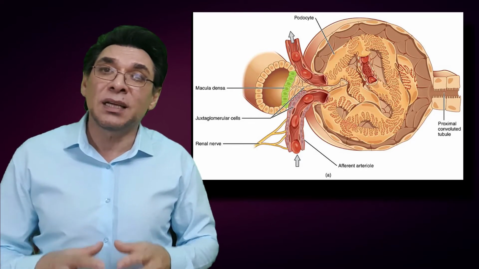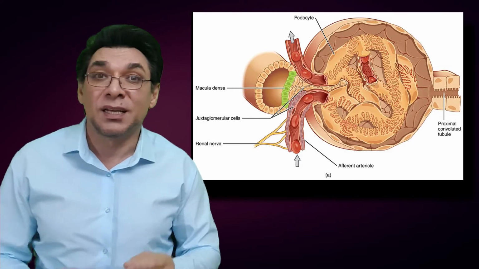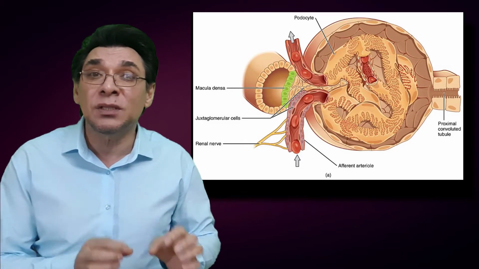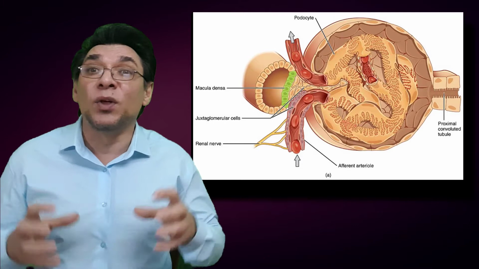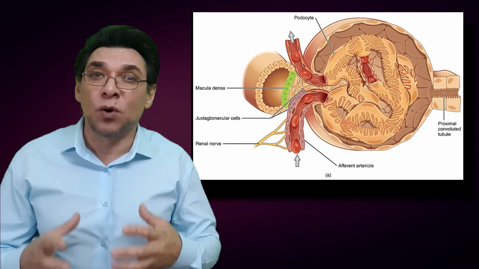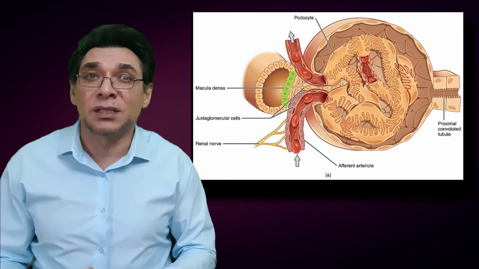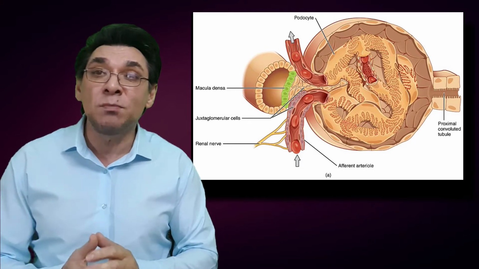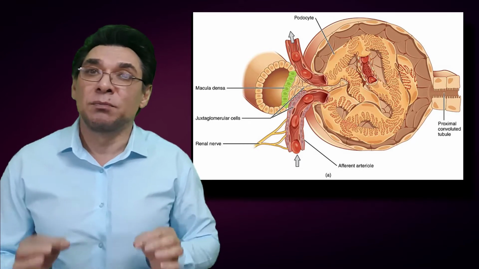The glomerular capillaries have pores in their walls, and the podocytes have numerous cell processes with gaps between them. The endothelium of the glomerular capillaries, the podocytes, and the basement membrane together form a filtration membrane.